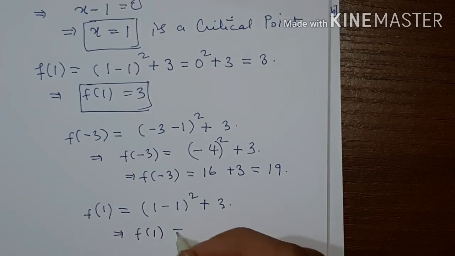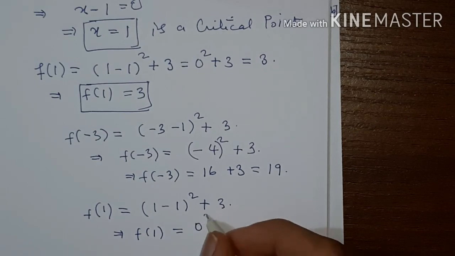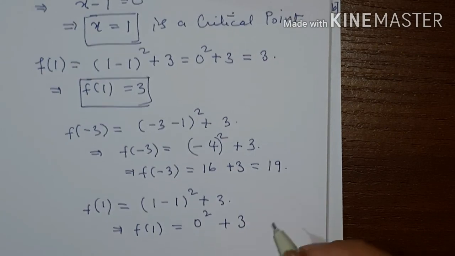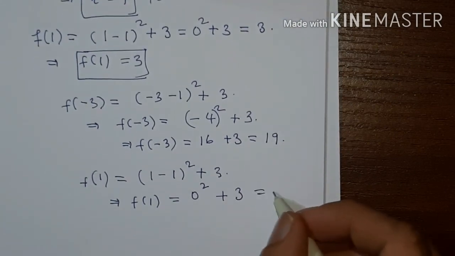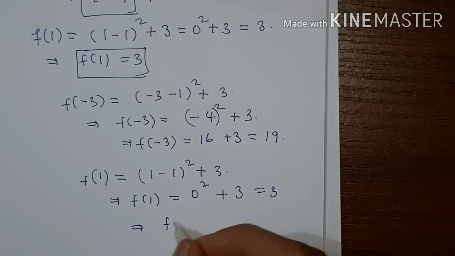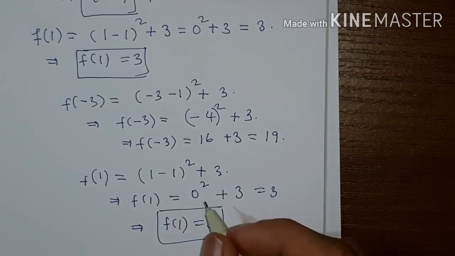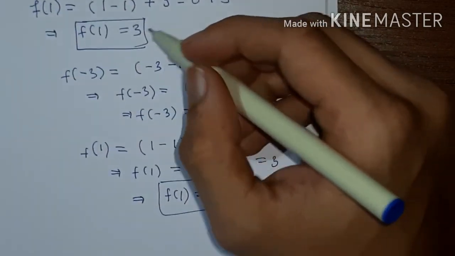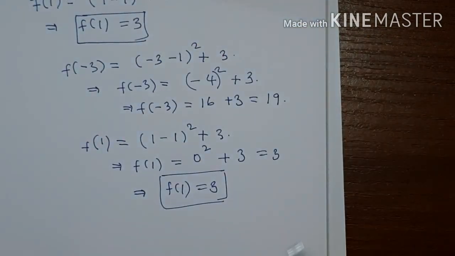So f of 1 is 1 minus 1 is 0 square. Okay, 1 minus 1 the whole square is 0 square plus 3, right? So which is equal to 3. So f of 1 we get it as 3. Okay, which is the same equation here, right?